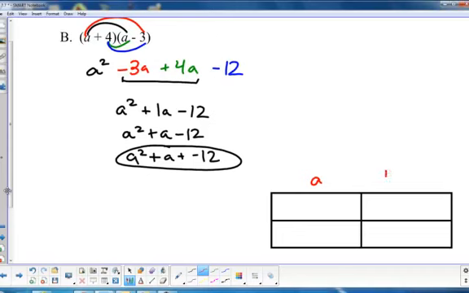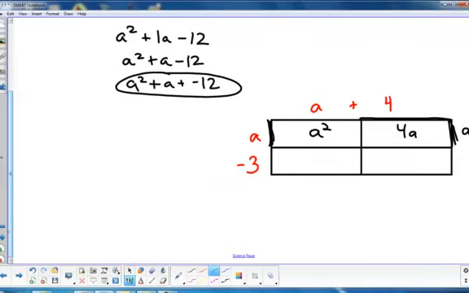If we put the things in our matrix here, we have a plus 4 on one side. It really doesn't matter which side. An a and a negative 3 in the other. I'm looking at that as plus and negative because you can't lose that negative. So a times a, this box is a squared. Now since this is a, remember this is also a. So this box is an a by 4, which is 4a.